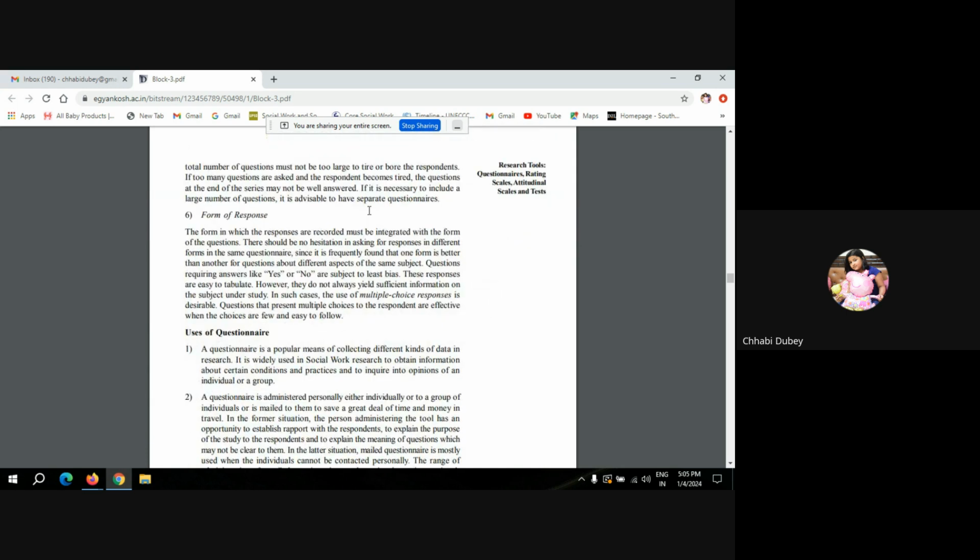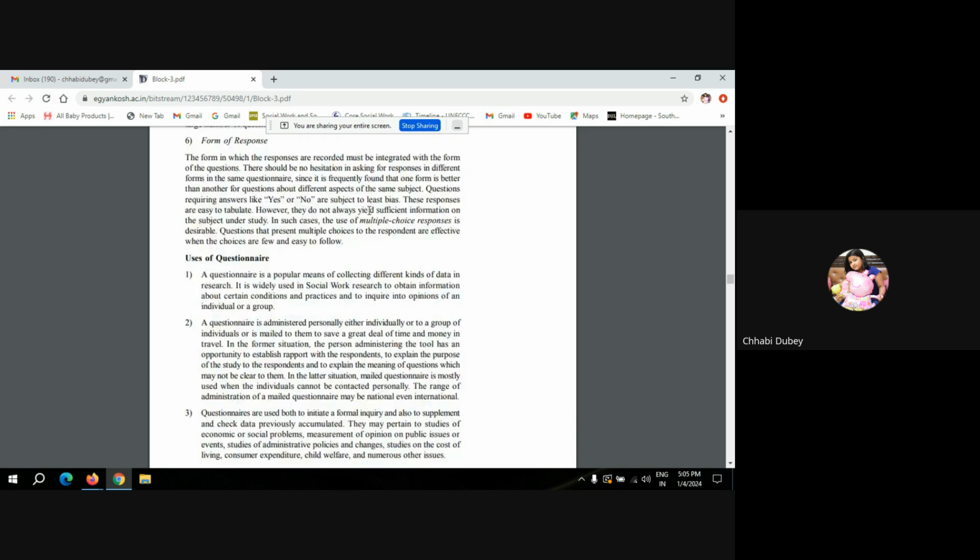The form of response should be very clear, and it is generally desirable to give them as little multiple choice as possible. Closed-ended questions in a questionnaire are always desirable, because one important aspect about them is that the data interpretation and analysis becomes very easy when we use closed-ended questions.